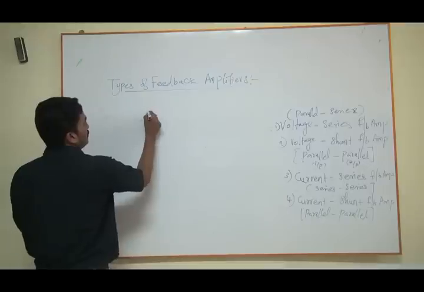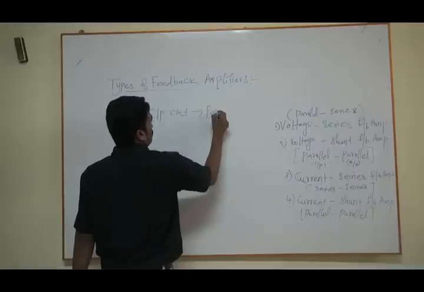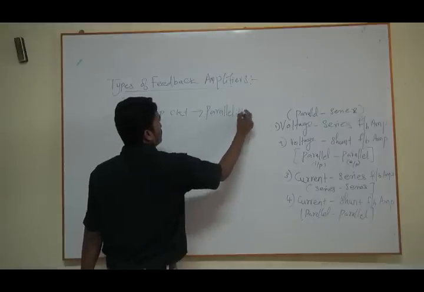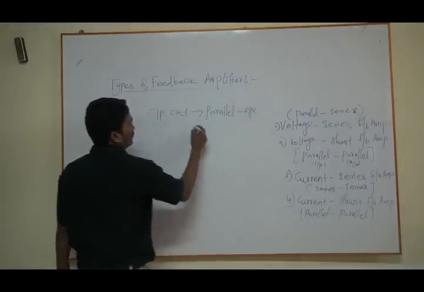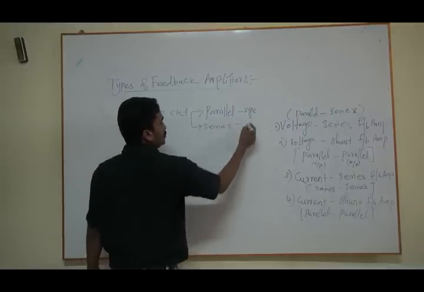So simply, output circuit parallel means it is voltage, and output side series brings you current.